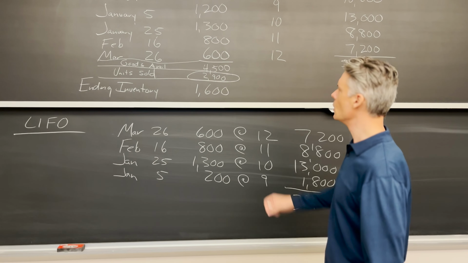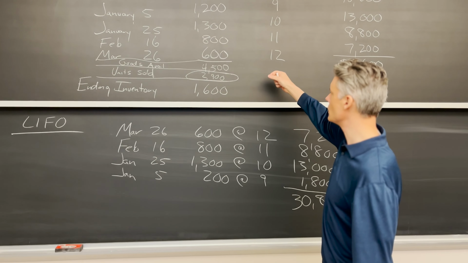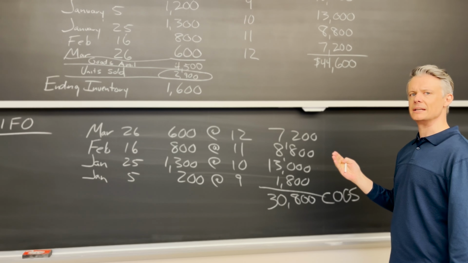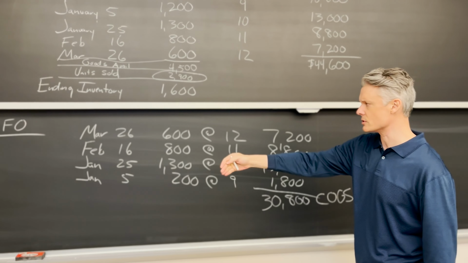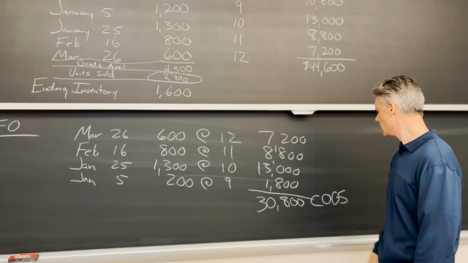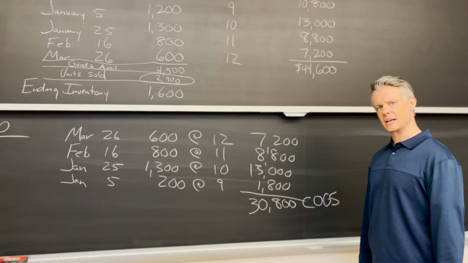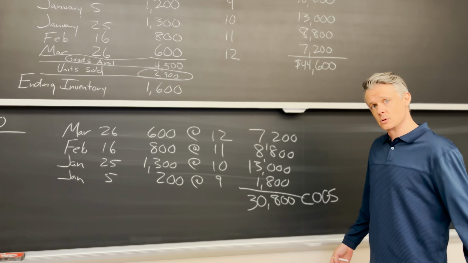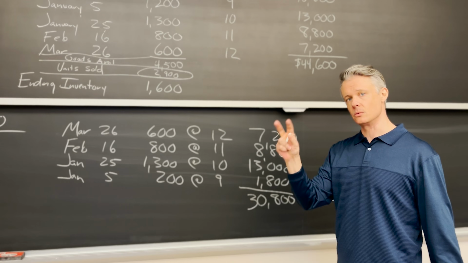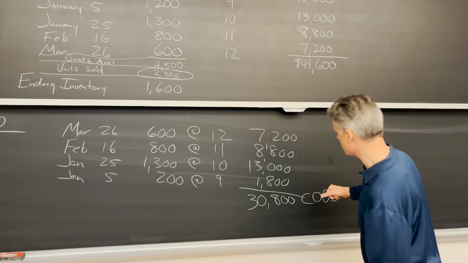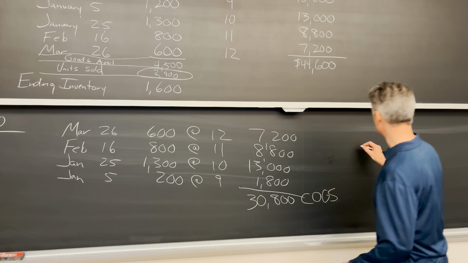Same as FIFO, we could work out the math of what's left over, but we know that we had $44,600 in goods available for sale, and under LIFO, we're saying the cost of goods sold was $30,800. The difference must be the value that was left in inventory. I'll do this over here.